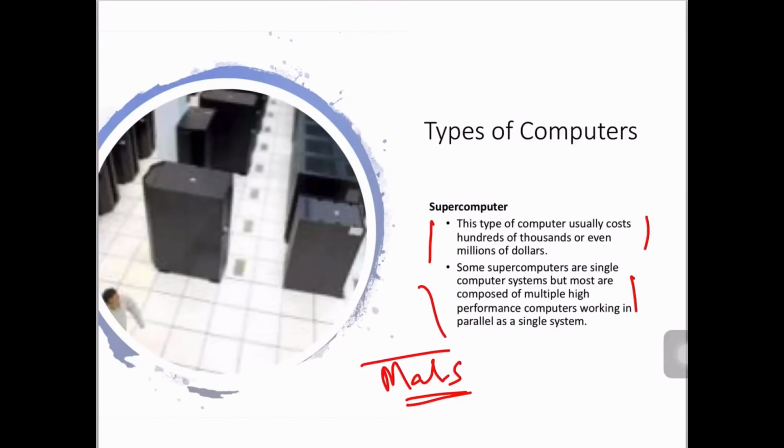Basically, these are computers which are very, very costly, millions and even some billions of dollars, and they are used for tasks which require high processing and can do things in a very short span of time. We refer to them as supercomputers.